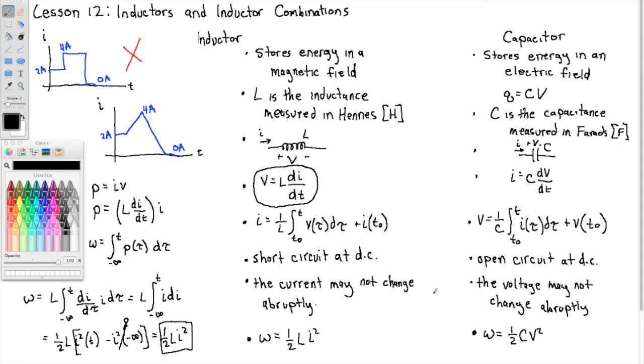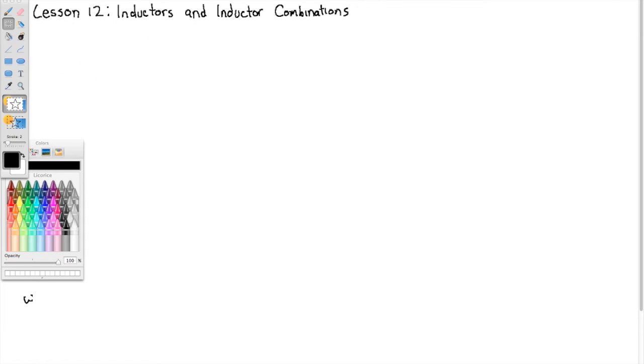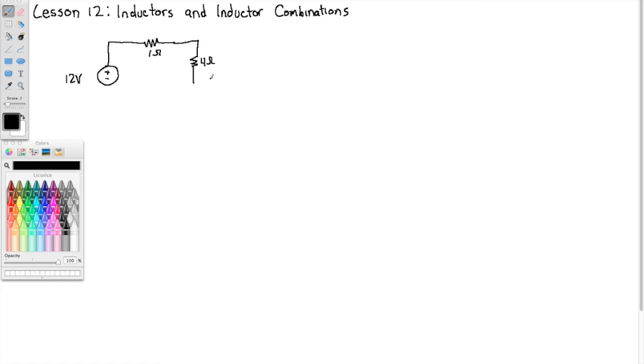All right, let's look at a couple of examples. Suppose we have a 12-volt source, a 1 ohm resistor, another ohm resistor, and we'll put a capacitor in there as well. That'll be a good review. 1 farad capacitor.